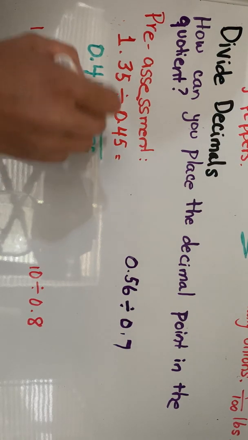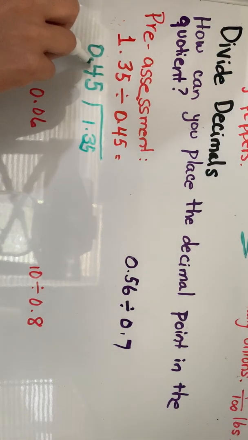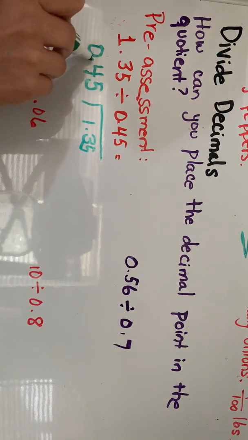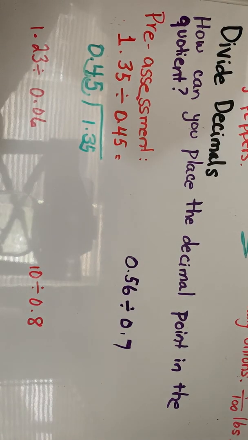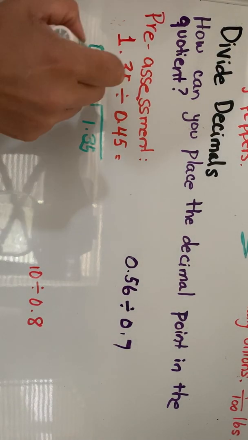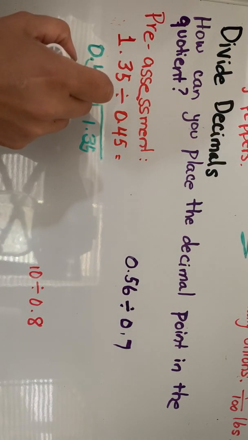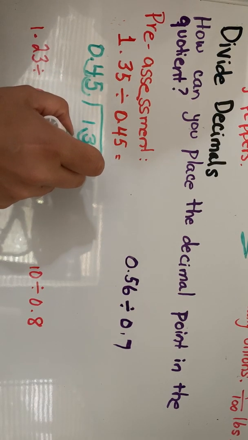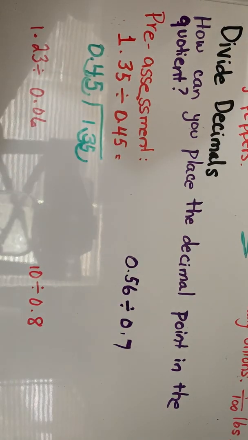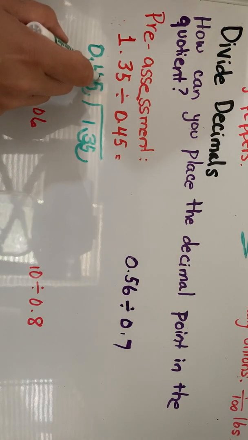And in this case, I have a decimal both on the outside and on the inside. So all I have to do is move my decimal over to make it a whole number. That means I am multiplying by powers of 10. Because I moved it over twice, I got to do it here too. I multiply it by 100, I got to do it here too. Now I got rid of my decimals. And now I can do it normally.